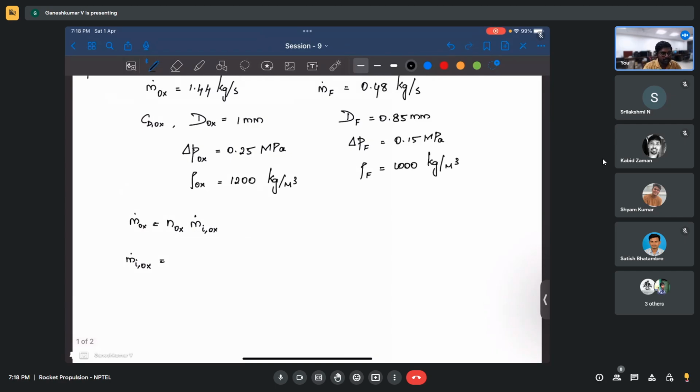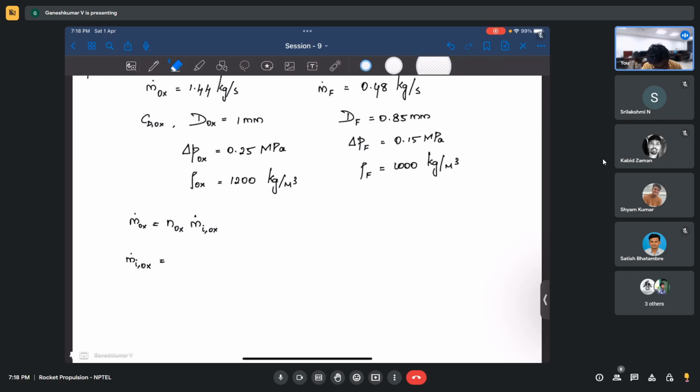Do you know any formula to do that? We have to use the pressure change to get the volume flow rate and then multiply it with the density.